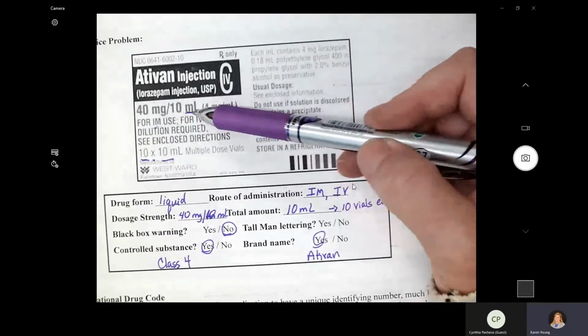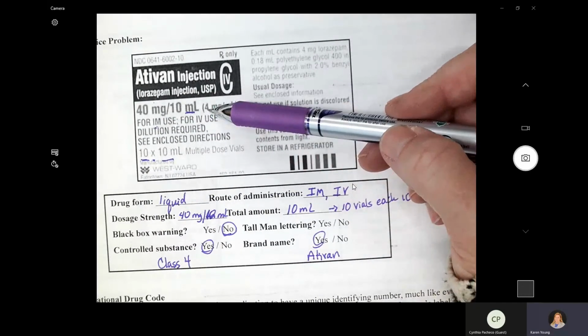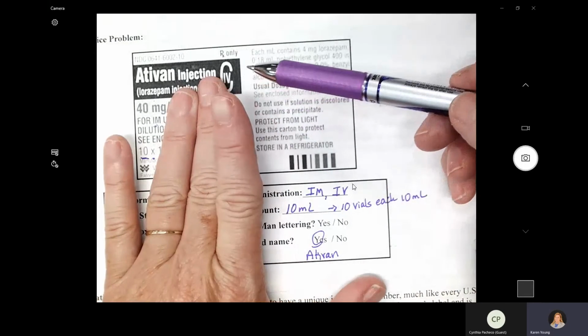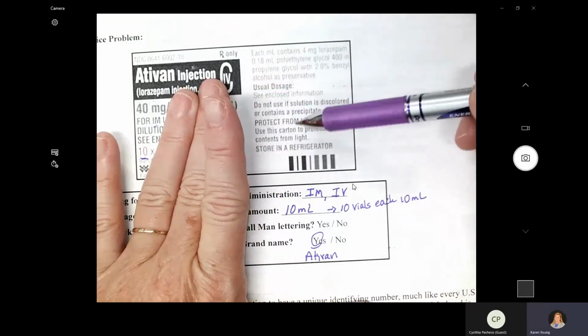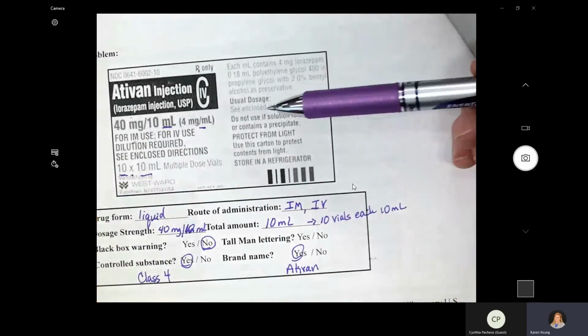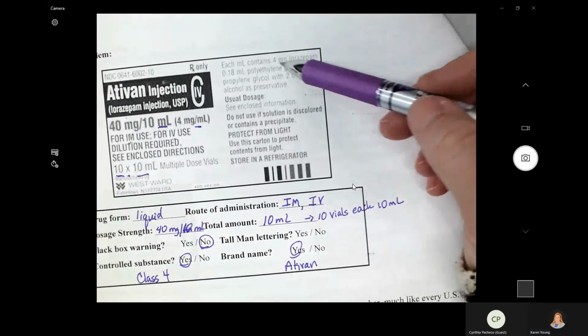Sometimes, I'm going to go back to this Ativan. If it doesn't give you the 40 milligrams per 10 milliliters or the 4 milligrams per milliliter, it just may give you the 40 milligrams. Read the small print over here, especially if you know that it's a liquid and if it's a dry powder and has to be reconstituted.